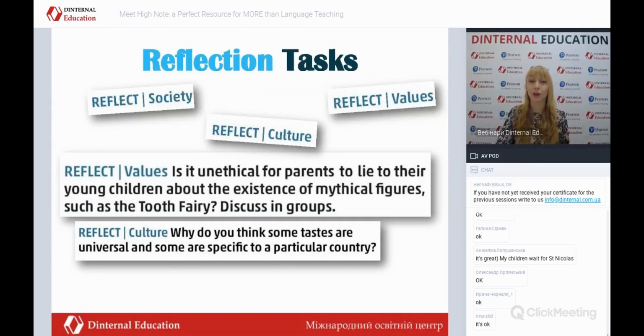Okay, reflect culture. Why do you think some tastes are universal and some are specific to a particular country? Right, so we know definitely what this Italian spice consists of. If I say this Italian spice for a salad or for potatoes, maybe you can smell it, basil, oregano, and so on. So this is that taste.